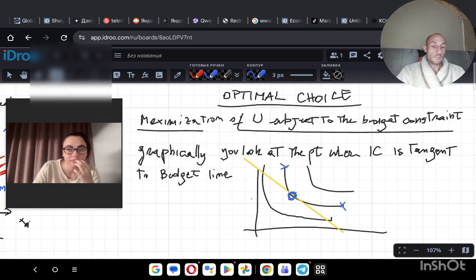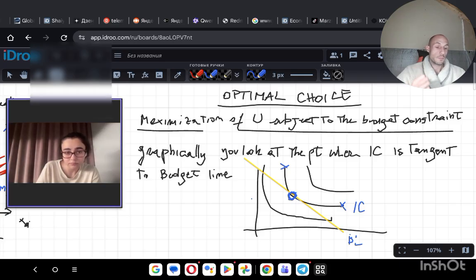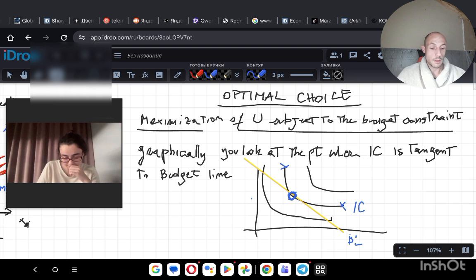So the tangency point where the indifference curve meets the budget line gives you the optimal bundle. At that point, it's the best choice of products you can get, the best choices that you can afford, not only that you can get.